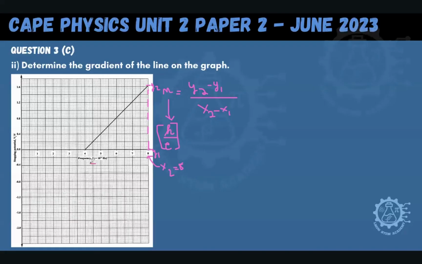And then this guy right here that corresponds to my y1, which is 0, is my x1, and that is 4. So my x1 is 4, my x2 is 8, my y1 is 0.